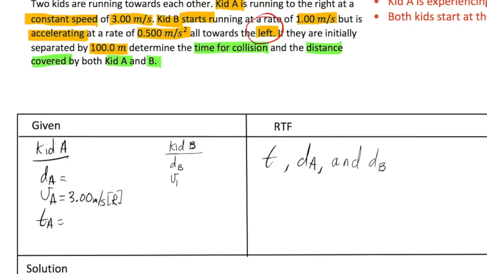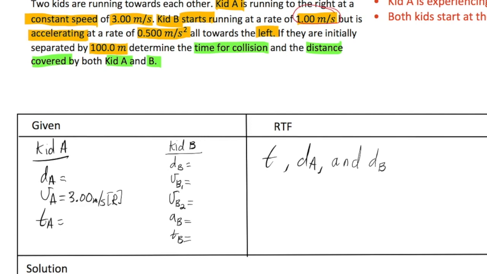Now for Kid B, there are a total of 5 kinematic parameters that are relevant. So let's start in order. Kid B starts running at a rate of 1 meter per second, but is accelerating at a rate of 0.5 meters per second squared, all towards the left. So we know it's to the left, so we know it's going to ultimately be negative. So that 1 meter per second, this right here, what is it?